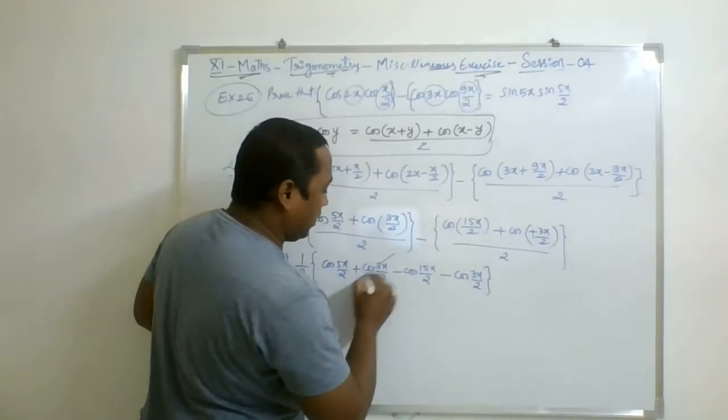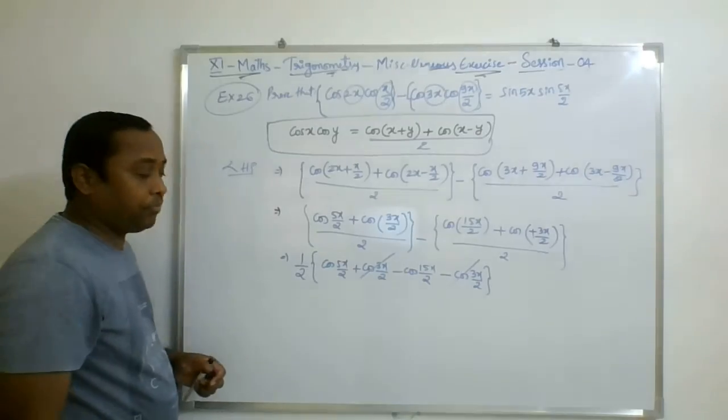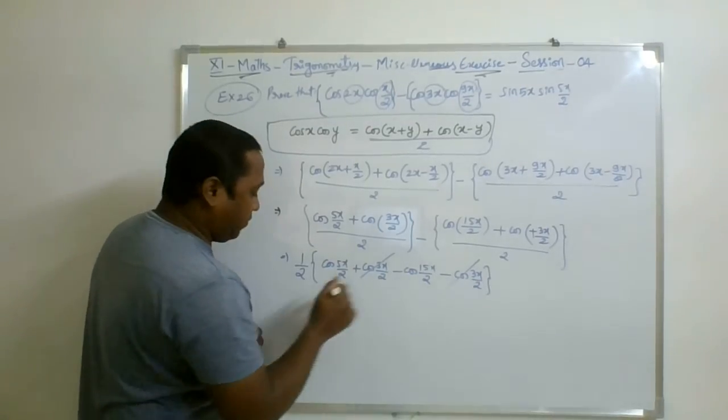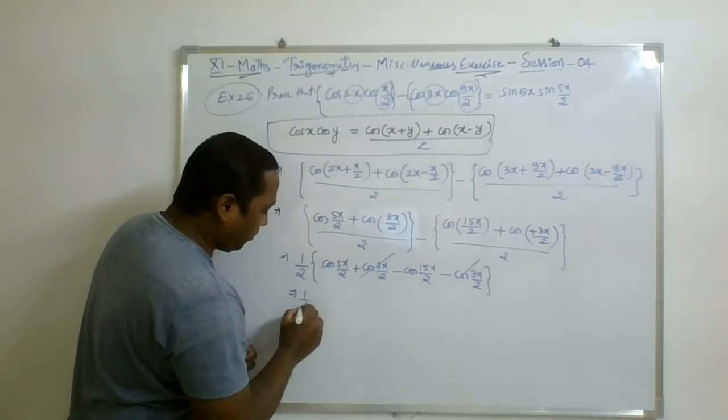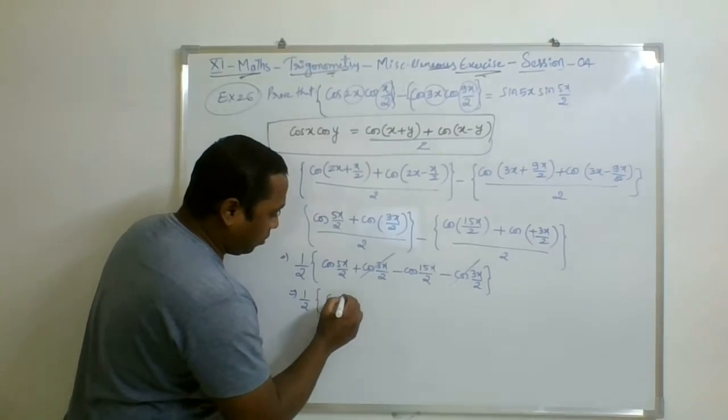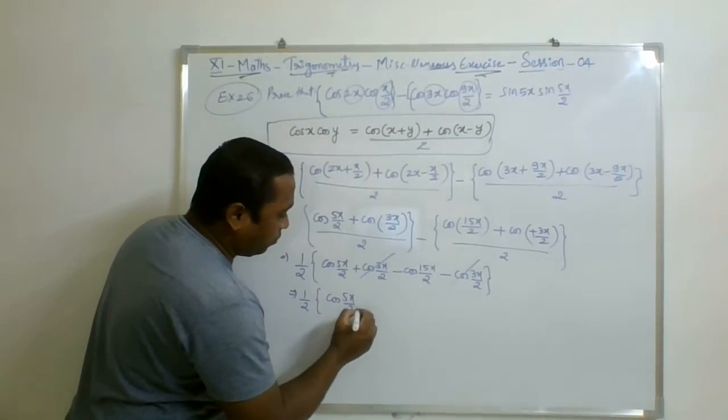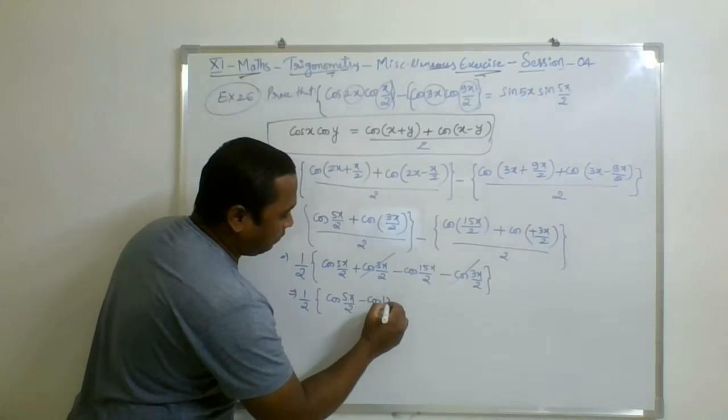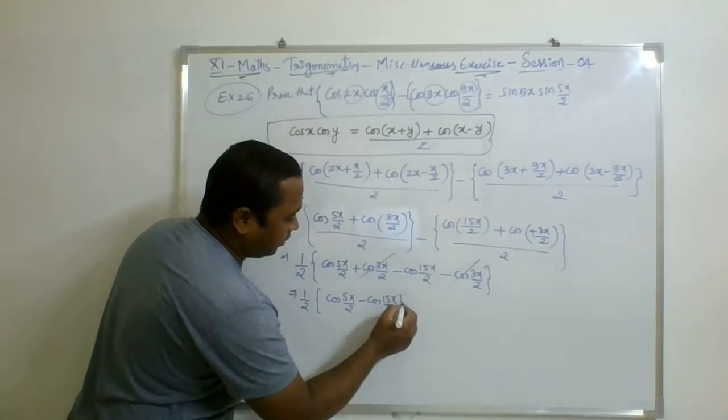You will see these two get cancelled. We are left with half of cos 5x by 2 minus cos 15x by 2.